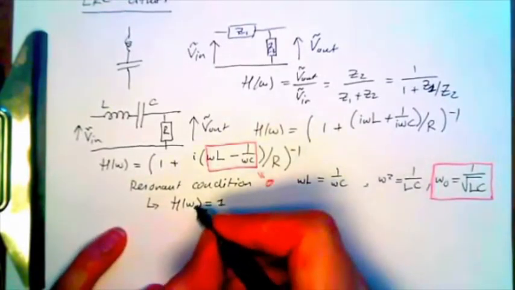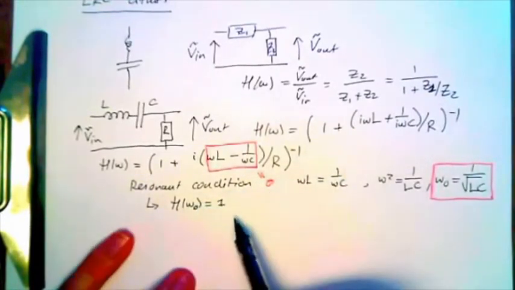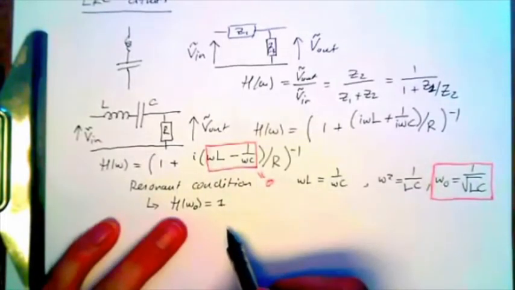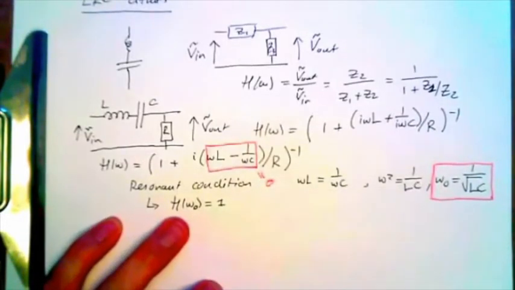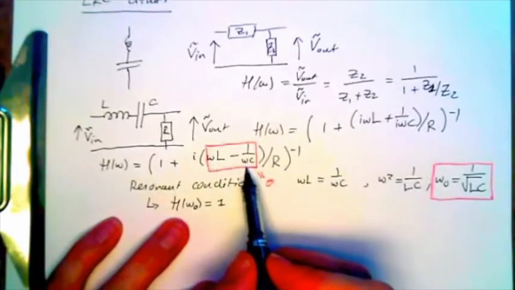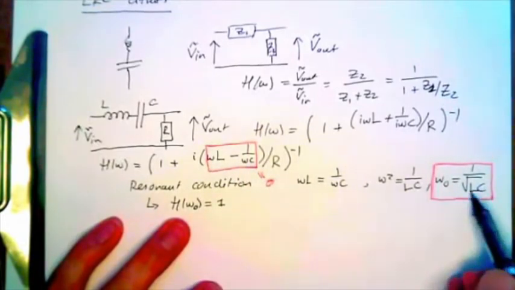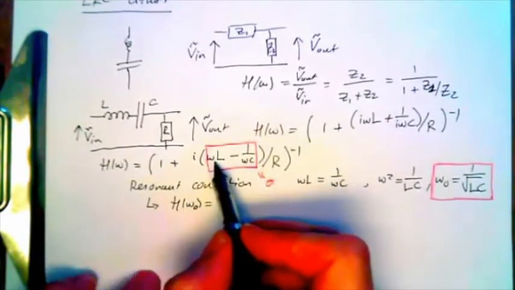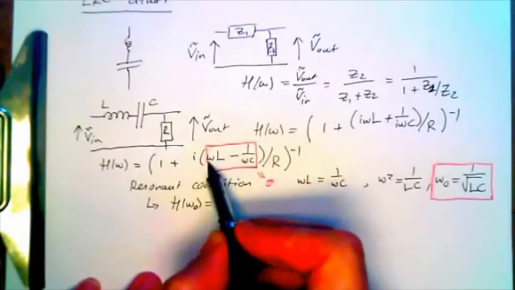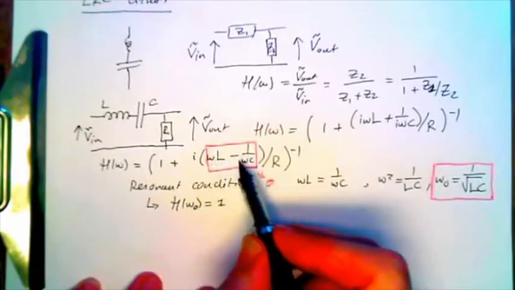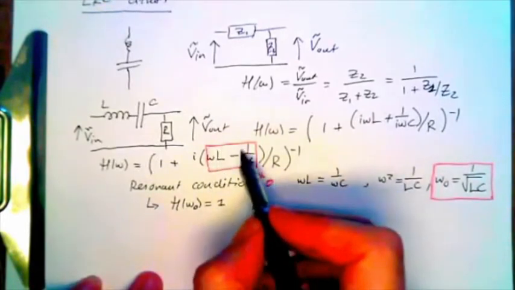What happens when you're not at resonance? Well, this is where this circuit becomes different from the simple low pass and high pass filters that we discussed before. So at lower frequencies, so we go lower than this frequency, this impedance becomes smaller and this impedance becomes bigger. So the difference becomes a number that is bigger.